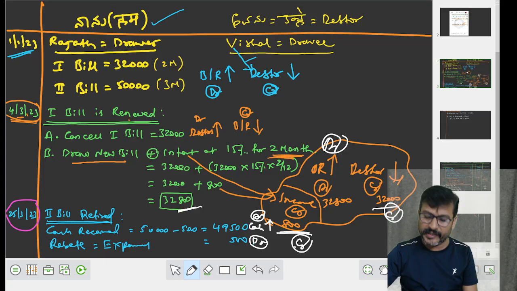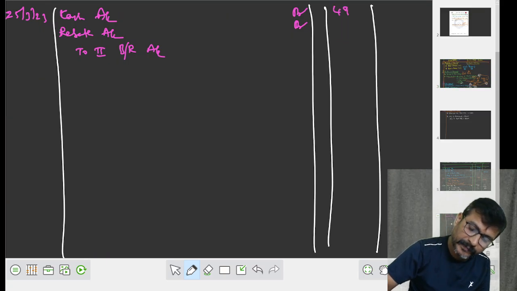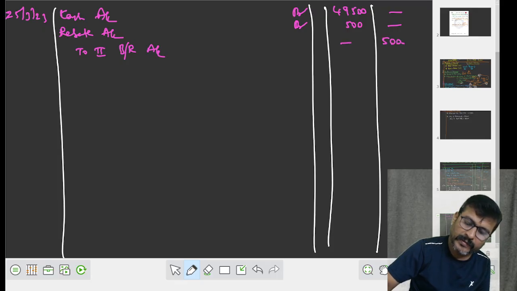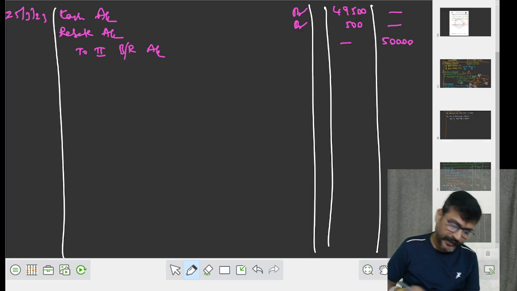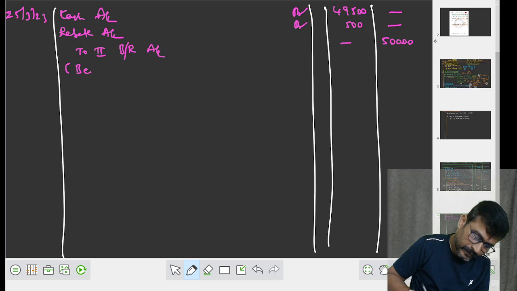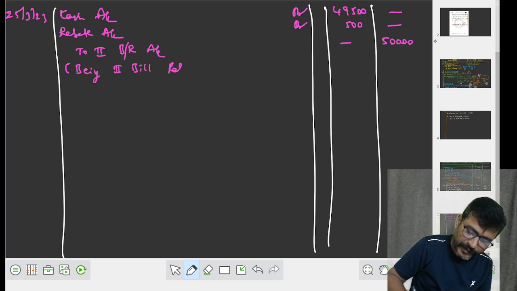How much cash is received from second bill? 49,500 dash 500 dash 50,000. Being second bill retired.